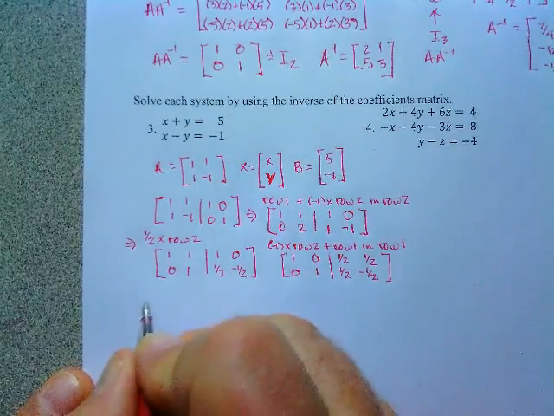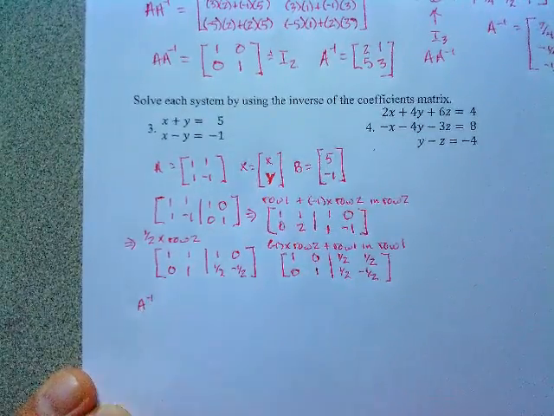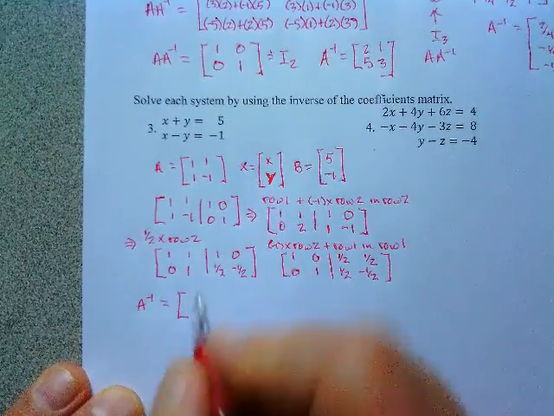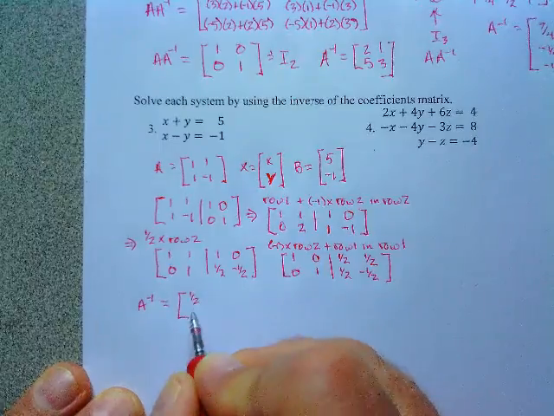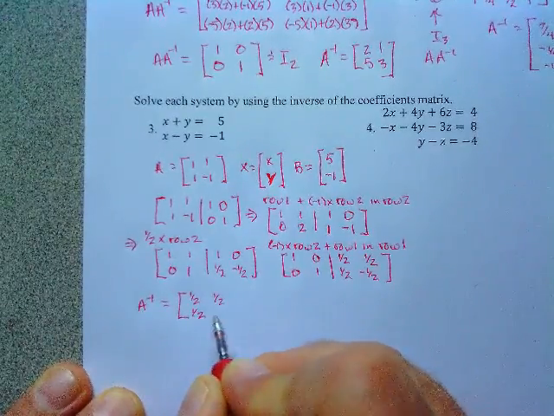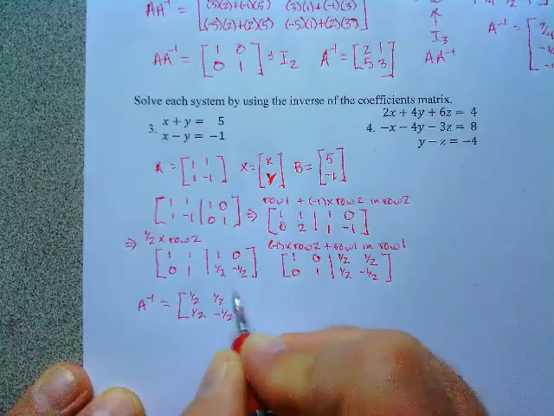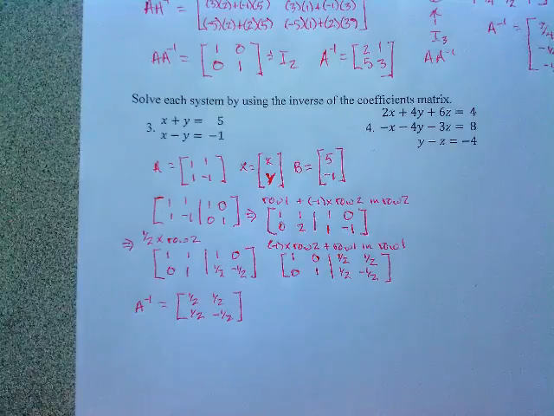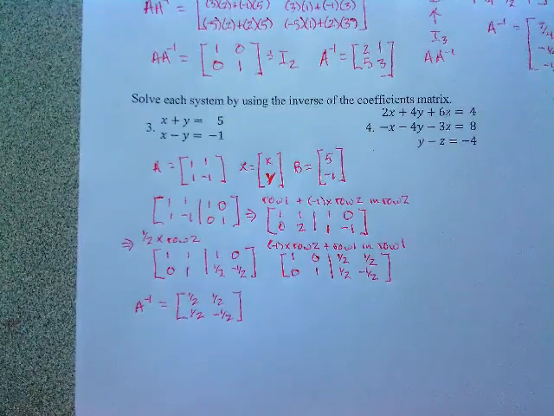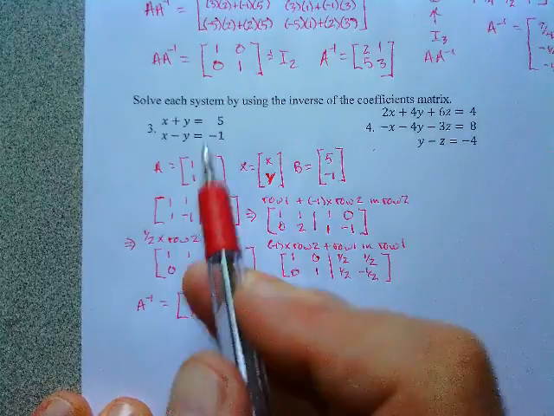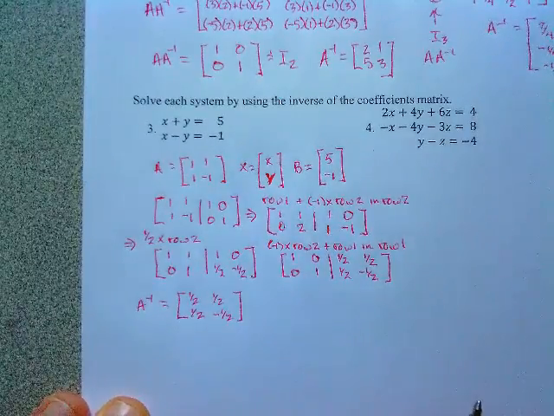Okay, and so my inverse is 1/2, 1/2, 1/2, and negative 1/2. As I said, a lot of times you will get fractions in your inverse, even though you didn't have any in the original form.